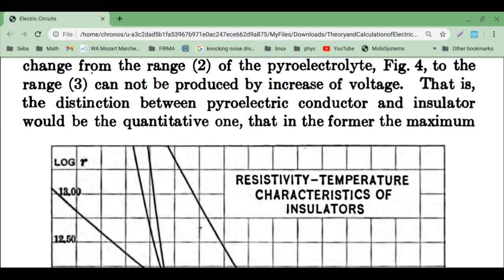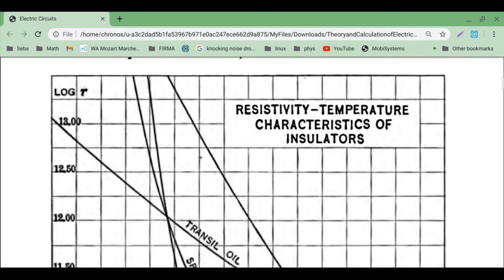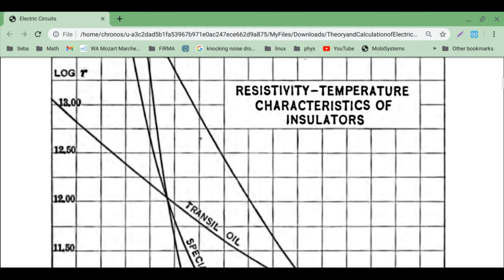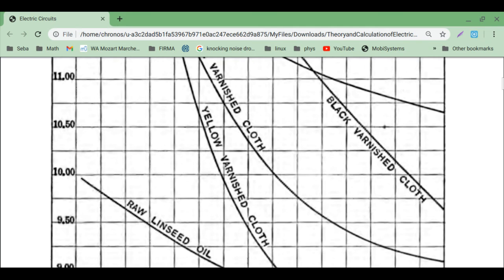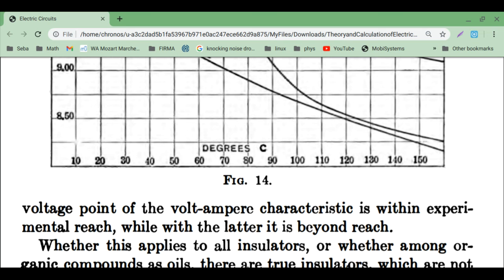That is, the distinction between pyroelectric conductor and insulator would be quantitative only: in the former, the maximum voltage point of the volt ampere characteristic is within experimental reach, while with the latter it is beyond reach.